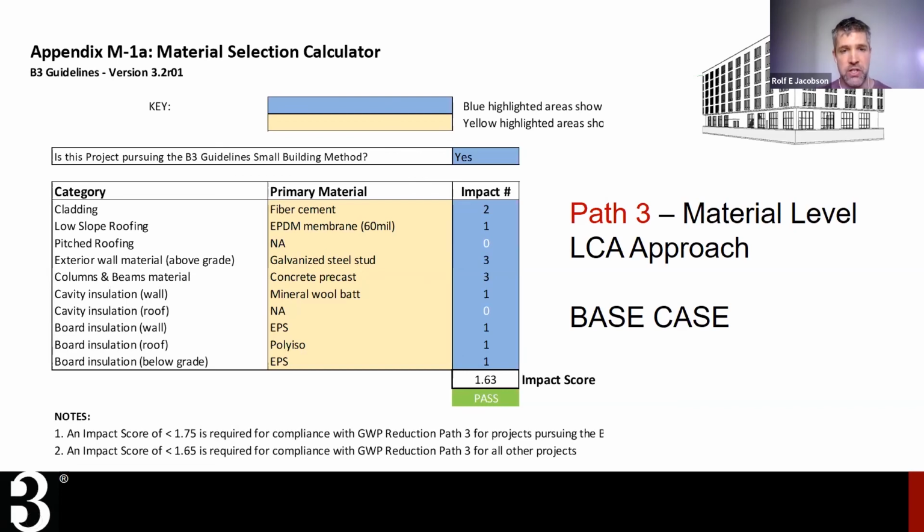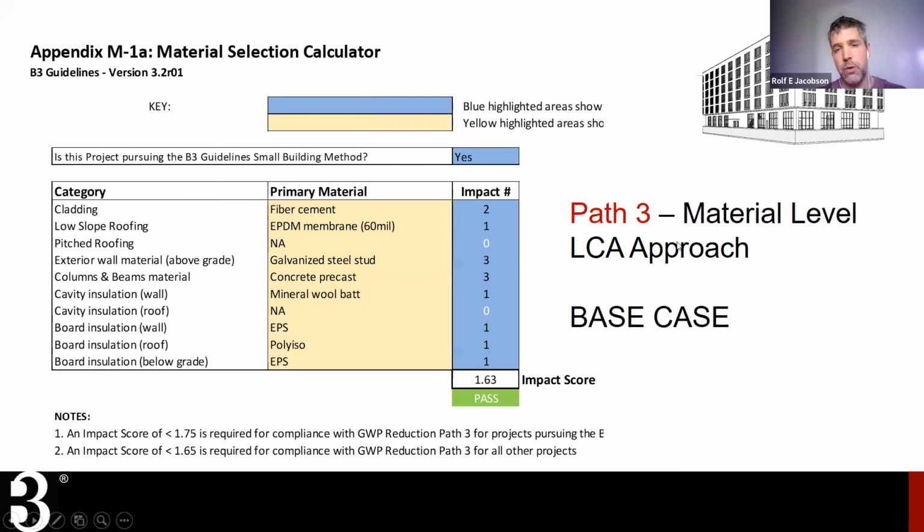We changed the site cast concrete structure to precast. And we swapped out some of the board insulation from XPS to various other foams, EPS and polyiso for the roof. And you see here, just making those material substitutions, we can get our impact score down to 1.63, and the cell at the bottom turns green and we get a pass.